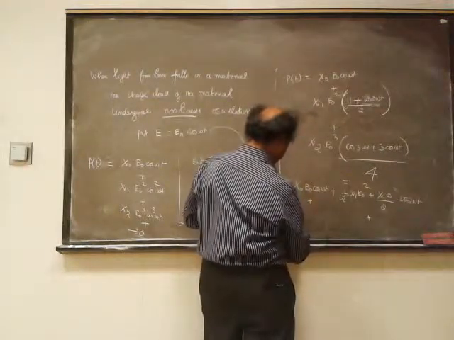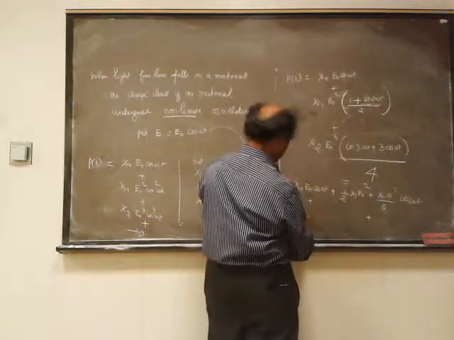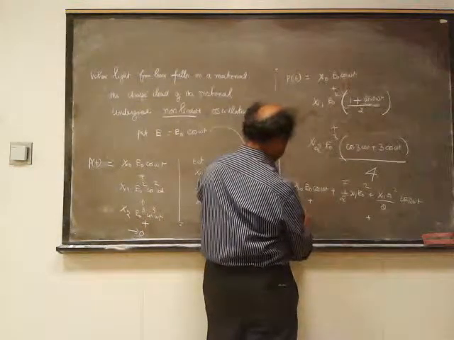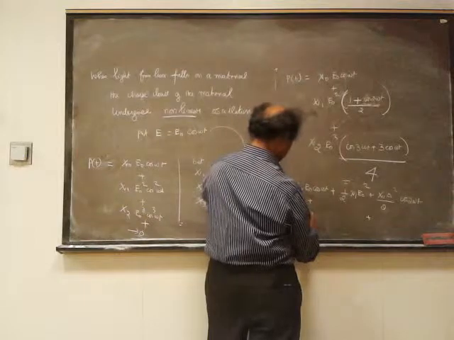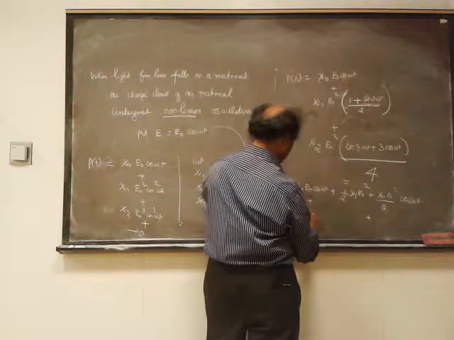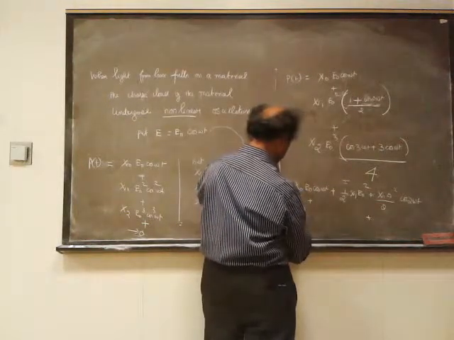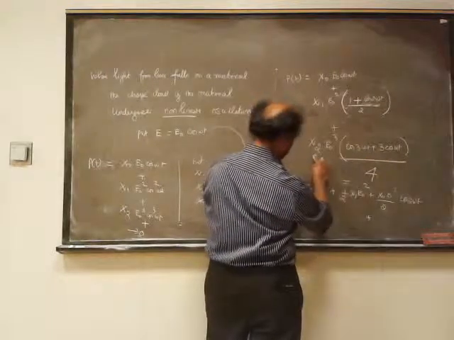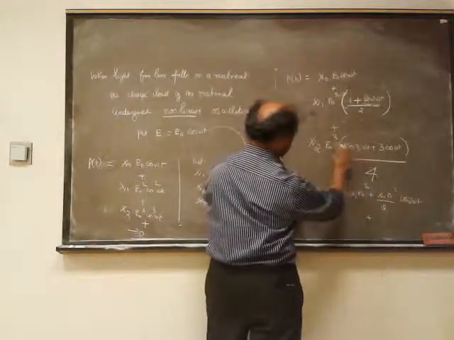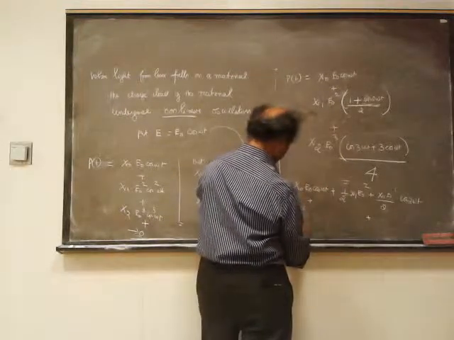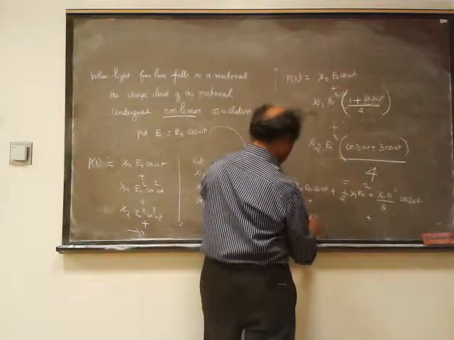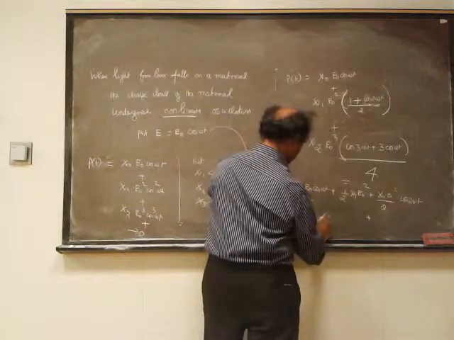So what I can do is add here. This will be 3 chi 2 E naught cube over 4 cos omega t.